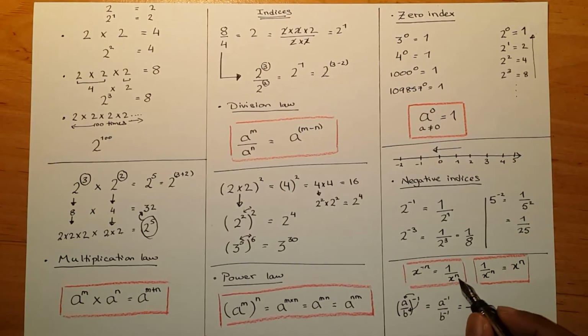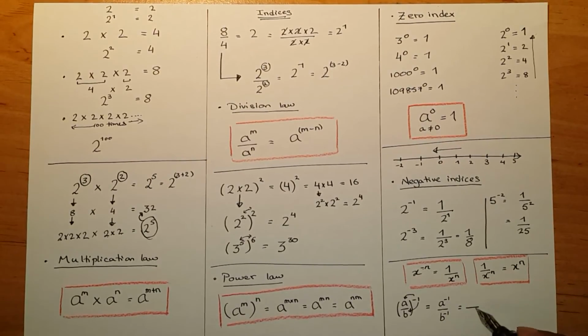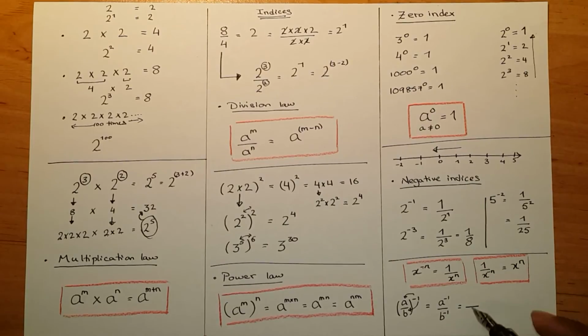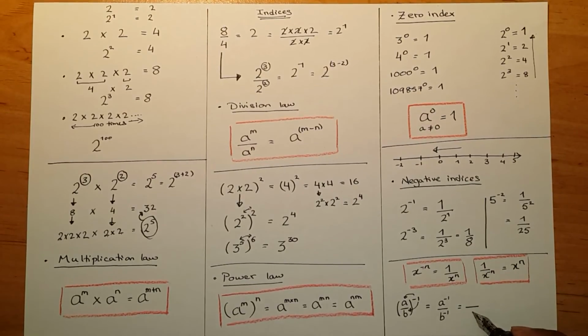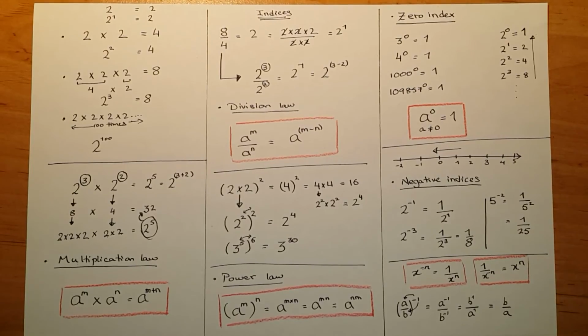So a to the power minus 1 is equal to 1 over a to the power 1. And b, like we have just seen, is going to go up with a positive power, which makes us b over a.